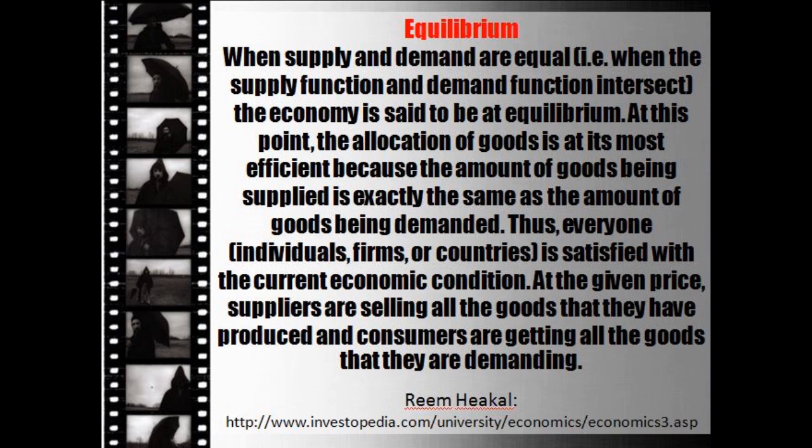Thus, everyone, which are individuals, firms, or countries, is satisfied with the current economic condition. At the given price, suppliers are selling all the goods that they have produced, and consumers are getting all the goods that they are demanding.